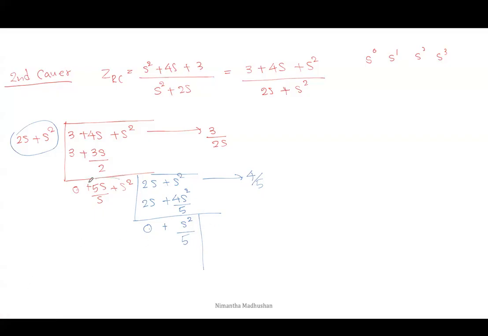Then the third one: 5s over 2 plus s squared. The answer is 25 over 2s, and multiplying by s squared over 5, the subtraction is 0 plus s squared.